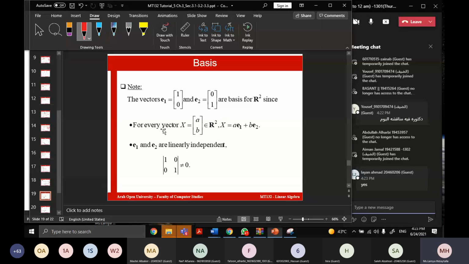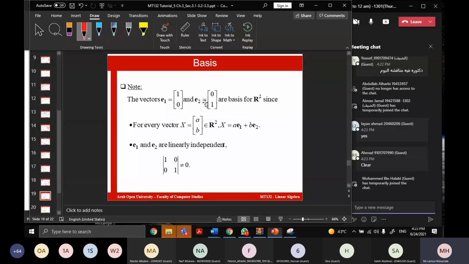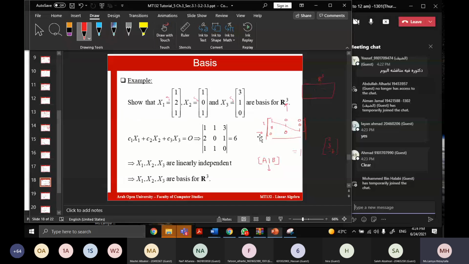Clear? So for every vector x equal (a, b) belonging to R2, x equals a times this vector plus b times this vector, correct? If you want 2 5, take 2 of this and 5 of that. So always in R2, 1 0 and 0 1 is a basis. In R3, 1 0 0, 0 1 0, 0 0 1 is a basis.